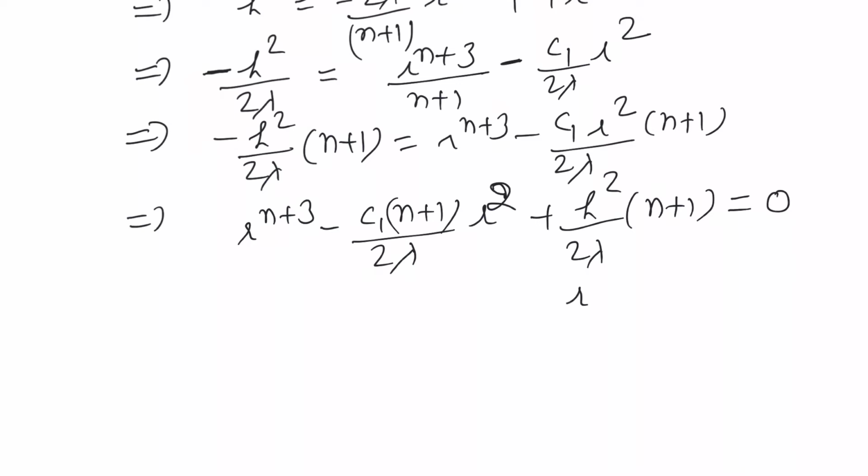Since r is a radius distance, it is always positive.